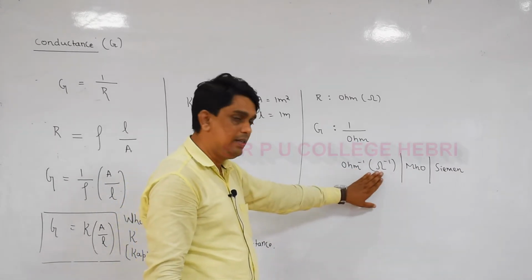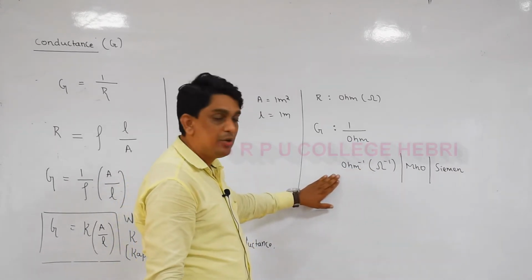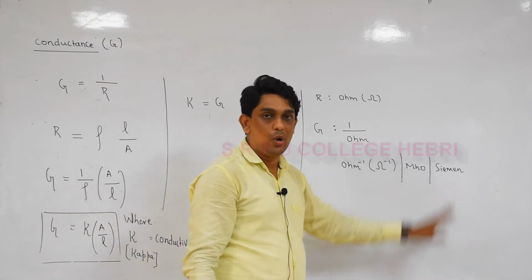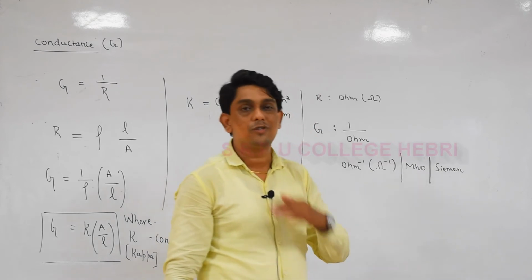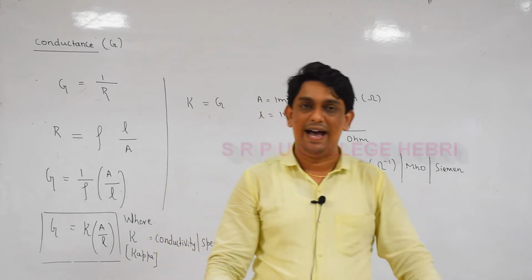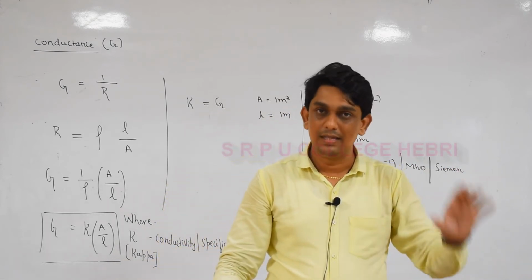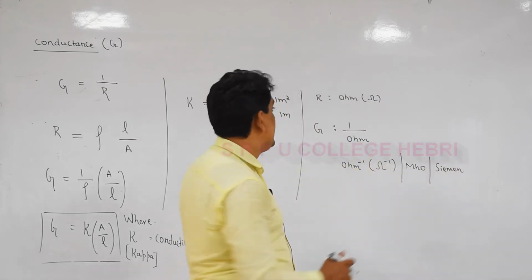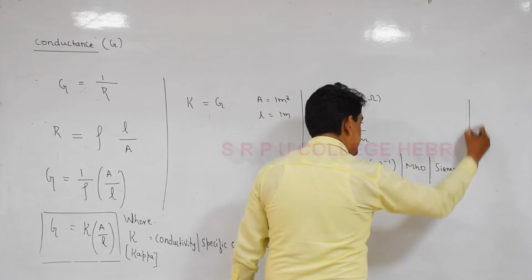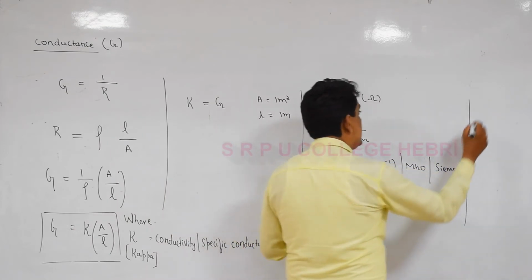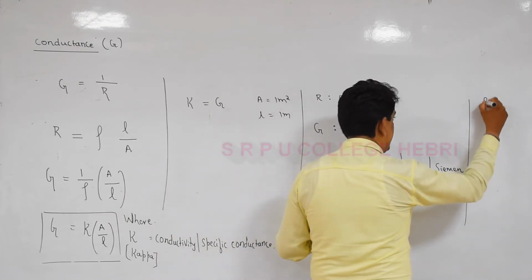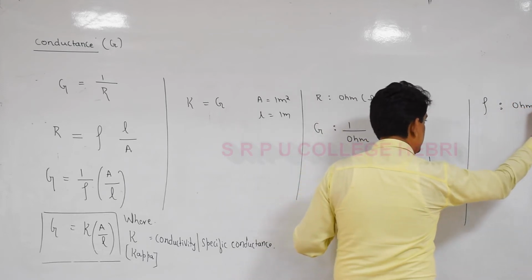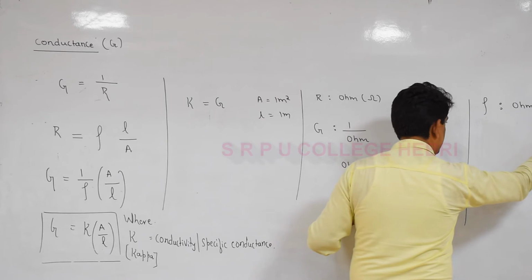When it is per ohm, you read it in reverse and it becomes mho, which is popularly called Siemens. So let me use per ohm in place of the symbol of Siemens. Fine? Let me go ahead. And when we talk about resistivity, the unit we said is ohm meter.